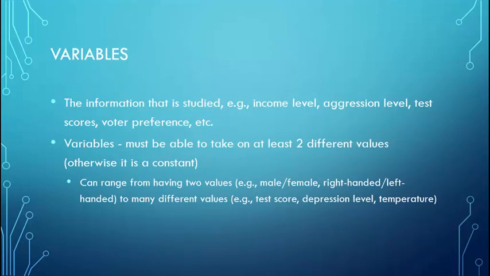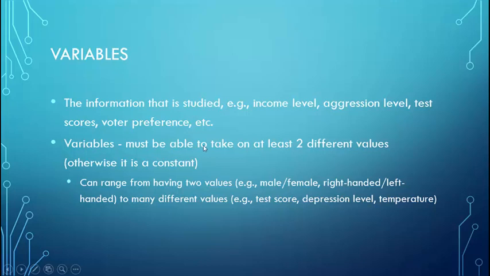Another term that's important in statistics is the idea of variables. A variable is basically any information that you want to study, and it could be anything: income level, aggression level, test scores, voter preference, whatever it is you're interested in studying. As long as what you're interested in studying can take on at least two different values, then we call it a variable.